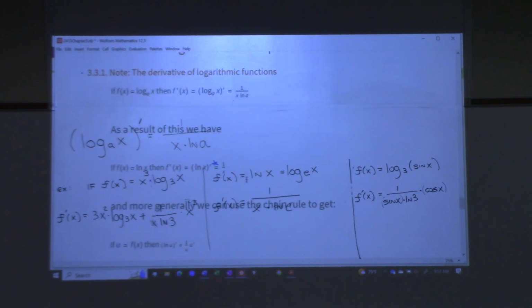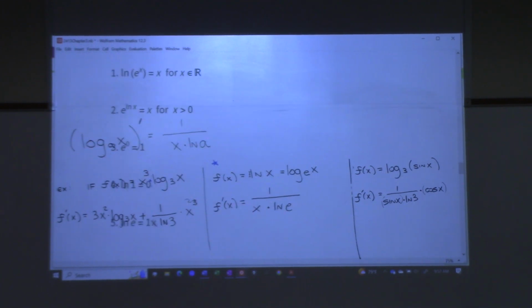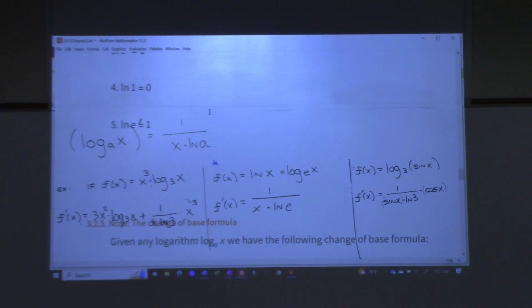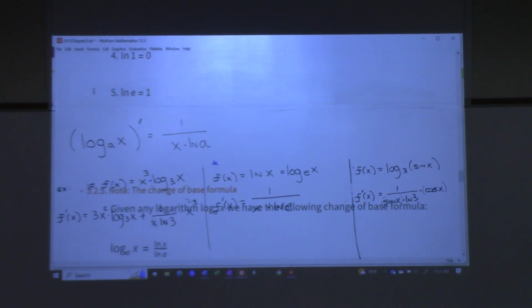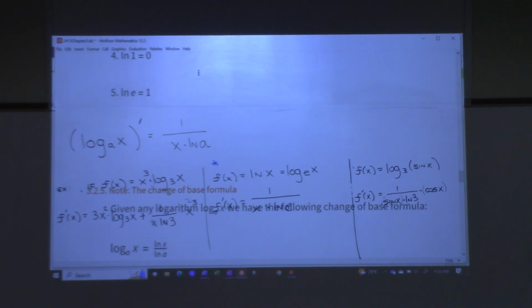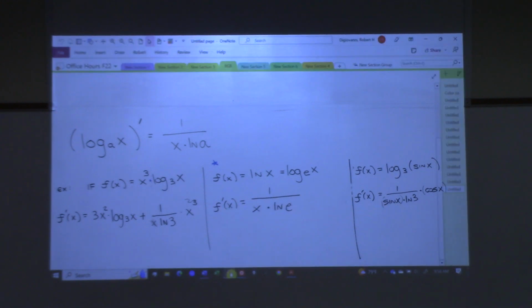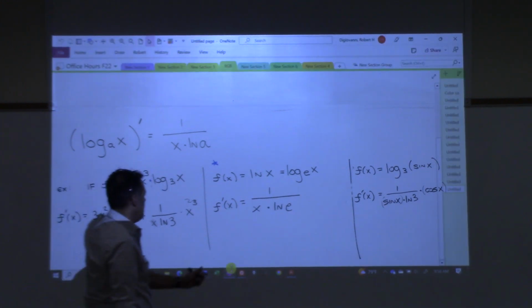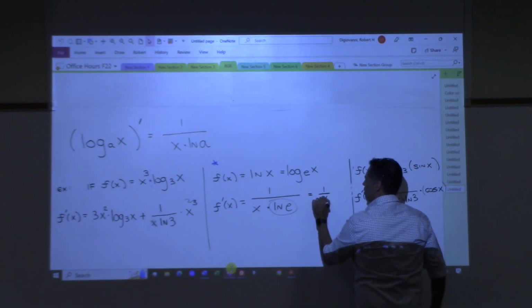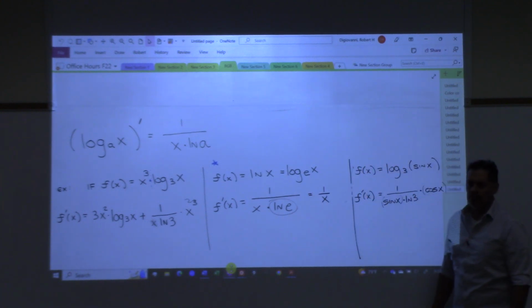Go to my properties. Here we go. Here are properties of logs. Fifth property right there. What's natural log of e? 1. The natural log of e is 1. And that means that this is just a 1, isn't it? And that means my answer is just 1 over x.